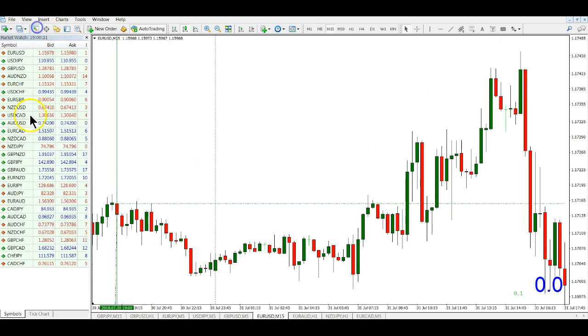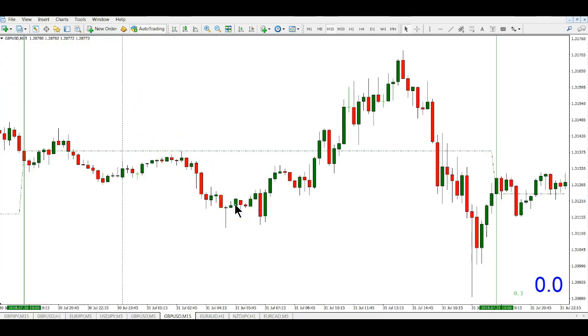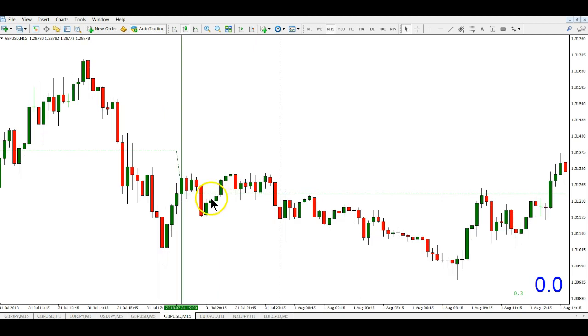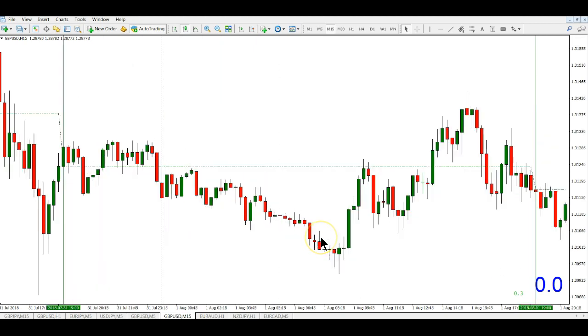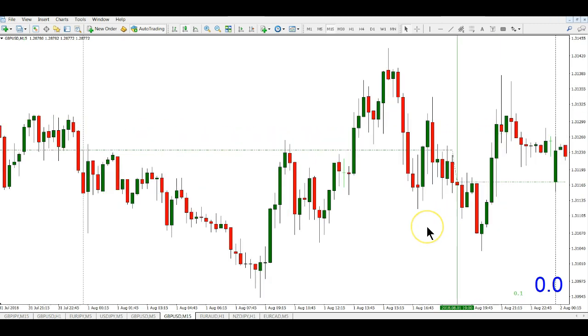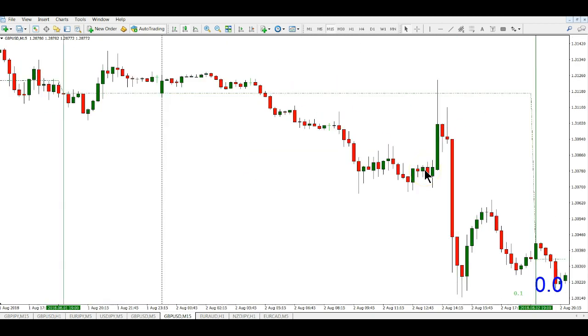Let's look at another pair just to show that it's not only specific to EURUSD. This is GBPUSD. Again, 12 p.m. London close. The market really respects that time.